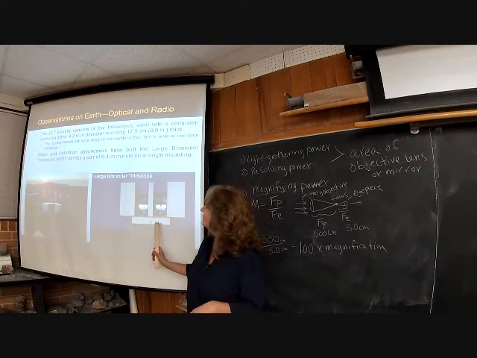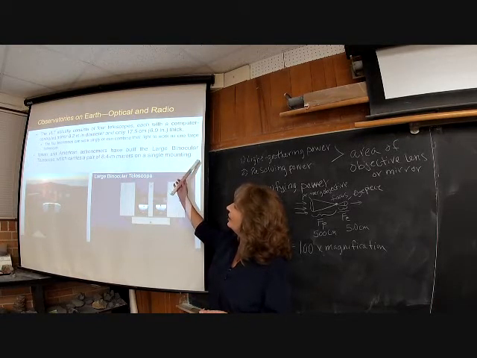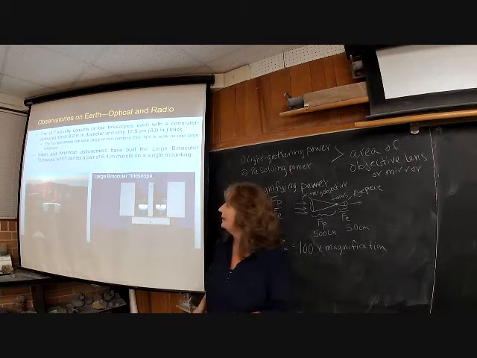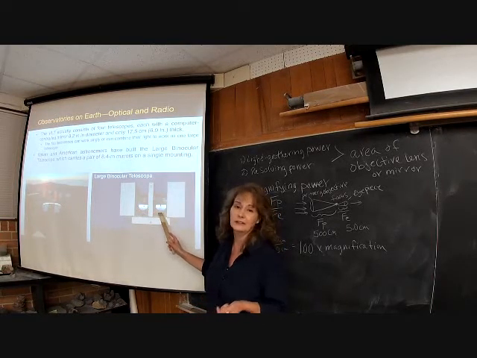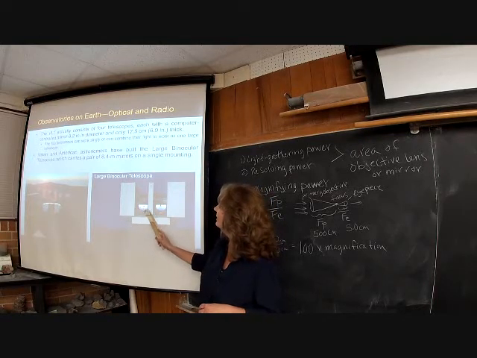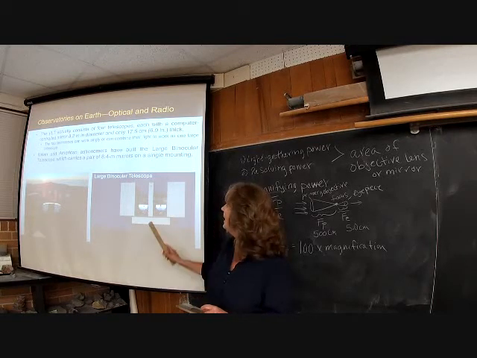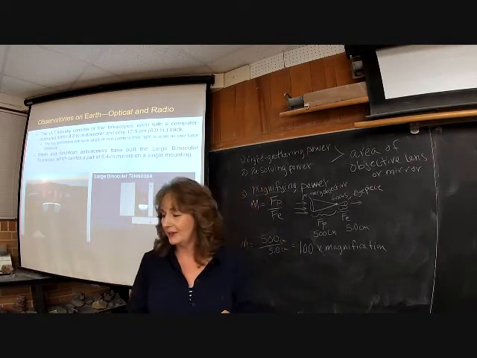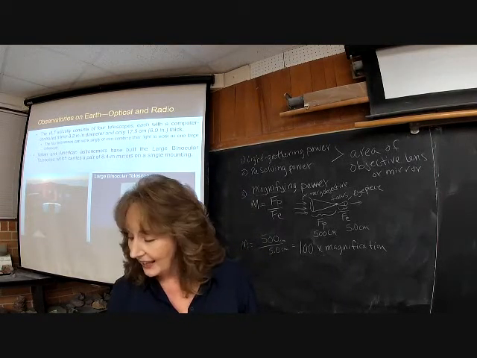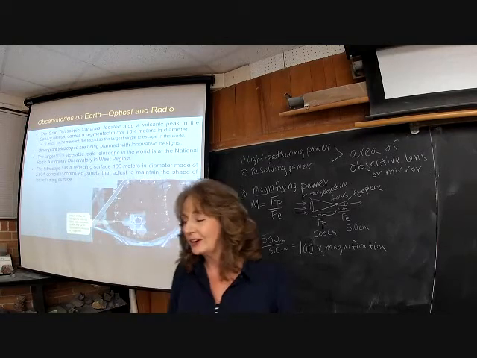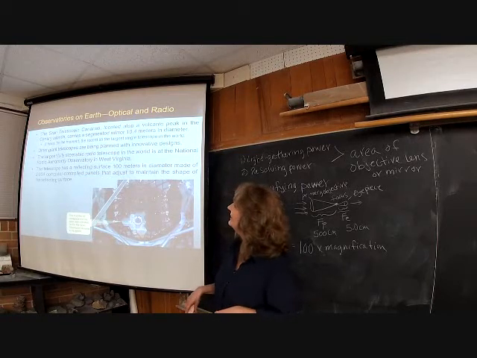Then this one here is built by Italian and American astronomers, the Large Binocular Telescope, the LBT. It looks like a pair of binoculars, and it has a pair of 8.4 meter mirrors. So again, a reflecting variety of telescope. And then they're talking about one on top of a volcanic peak in the Canary Islands.